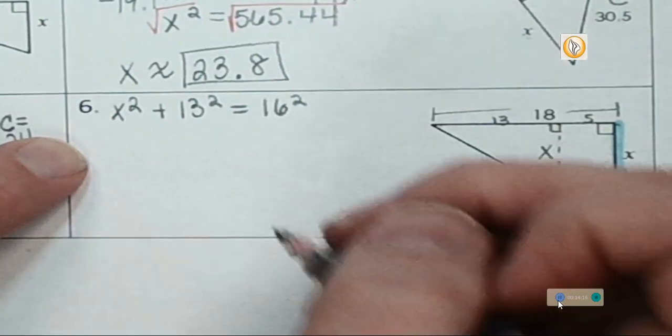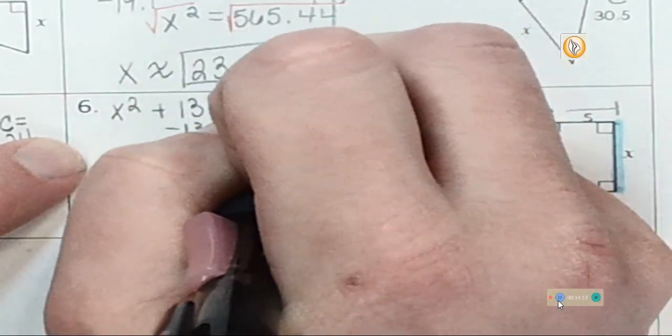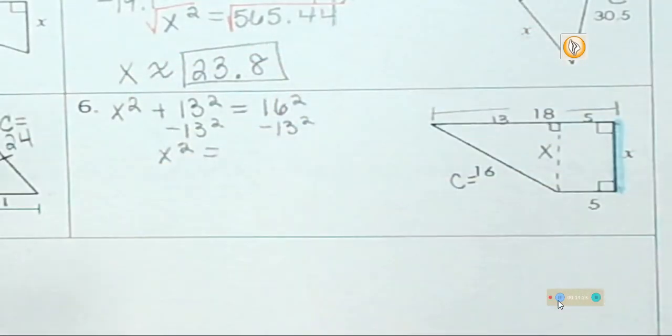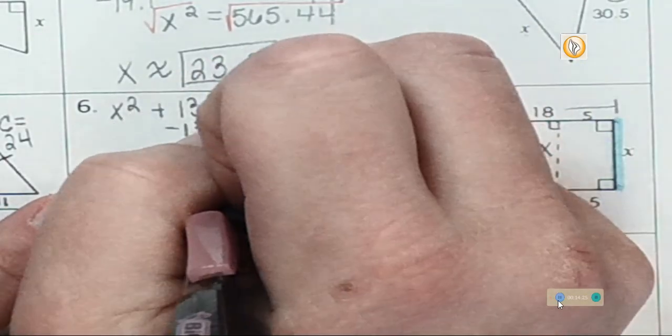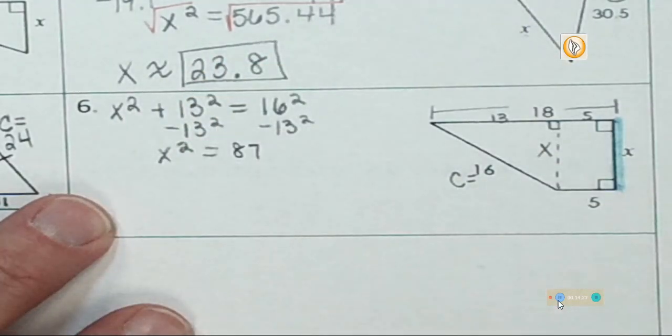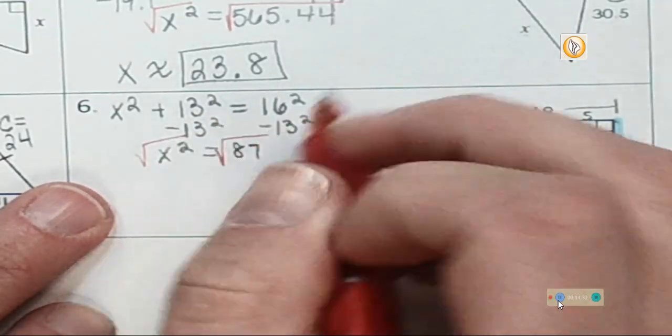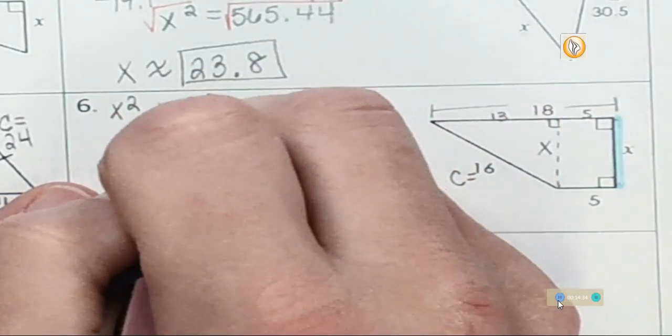And now you subtract your 13 squared, you start solving. So when I solve, 16 squared minus 13 squared gives me 87. How do I unsquare this? Take the square root. Now, let me grab my calculator.